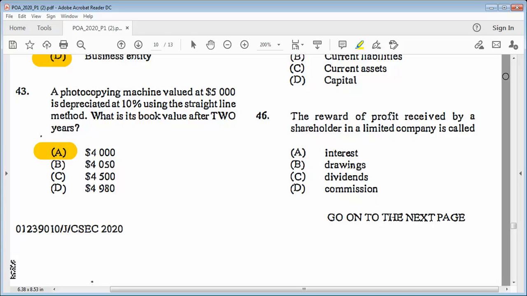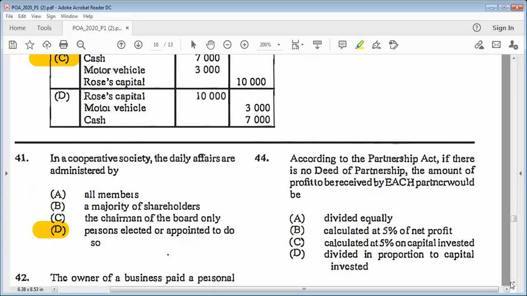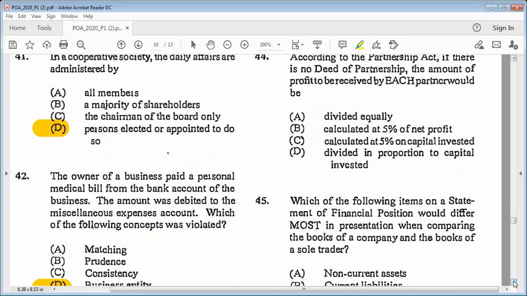Let's go on to 44. Here it says, according to the Partnership Act, if there is no deed of partnership, the amount of profit to be received by each partner would be A. Divided equally, B. Calculated at 5% of net profit, C. Calculated at 5% on capital invested, or D. Divided in proportion to capital invested.